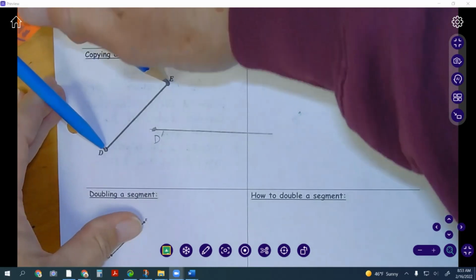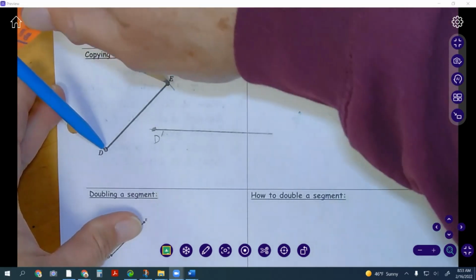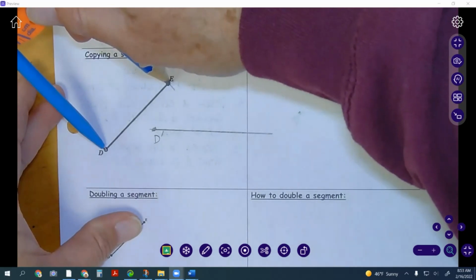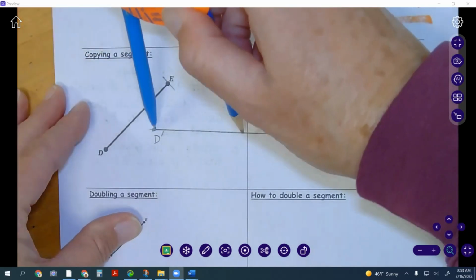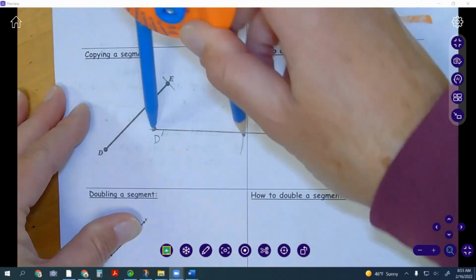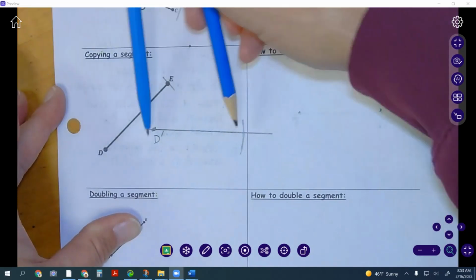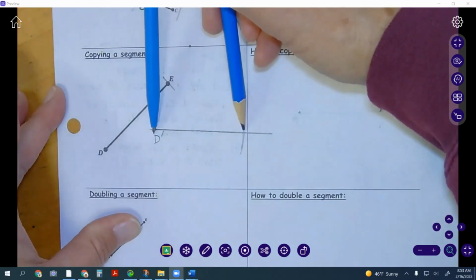Now, what I'm going to do is I'm going to get DE as the radius of my compass, okay? That's how I'm going to measure it. So I'm measuring from D to E. And then I pick this up and I go to D prime and I make a circle, okay? And that distance here is the same as this distance here.